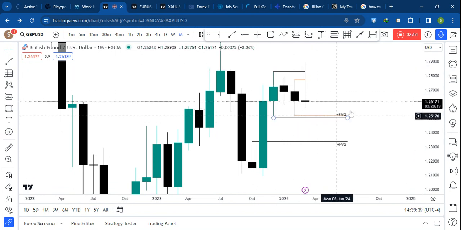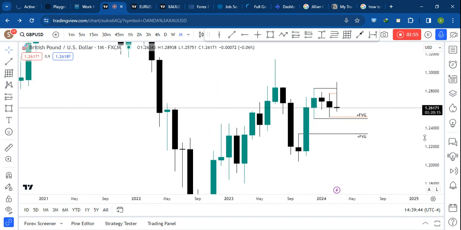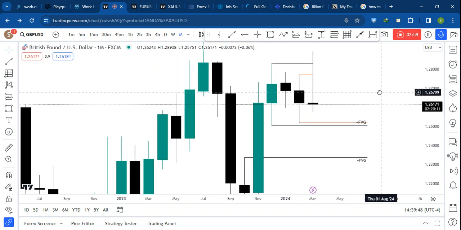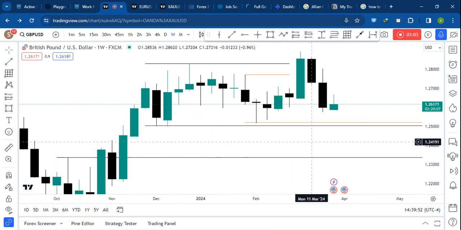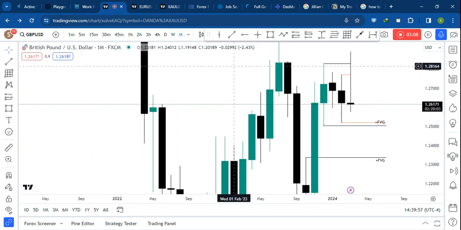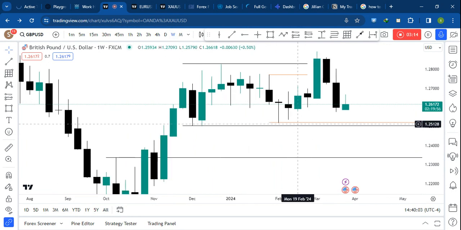So our main objective, we are hunting this market towards downwards. So after that, I'll take this market to the weekly perspective. Keeping in mind that on a monthly perspective, the market is drawing towards downwards, so it is contracting. Then we go to the weekly perspective.